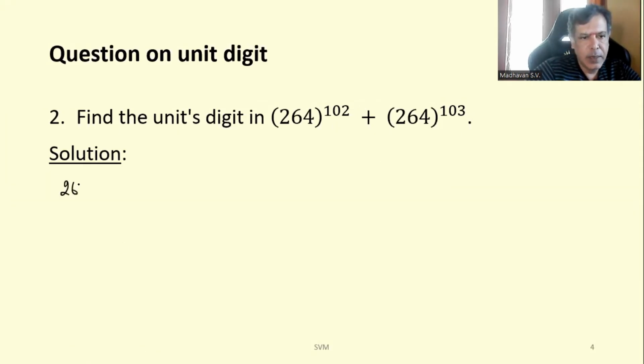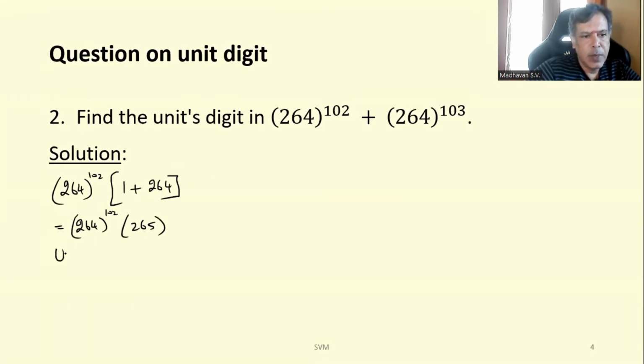We can take that outside. Then we can write 1 plus 264. That will become 264 to the power of 102 times 265.